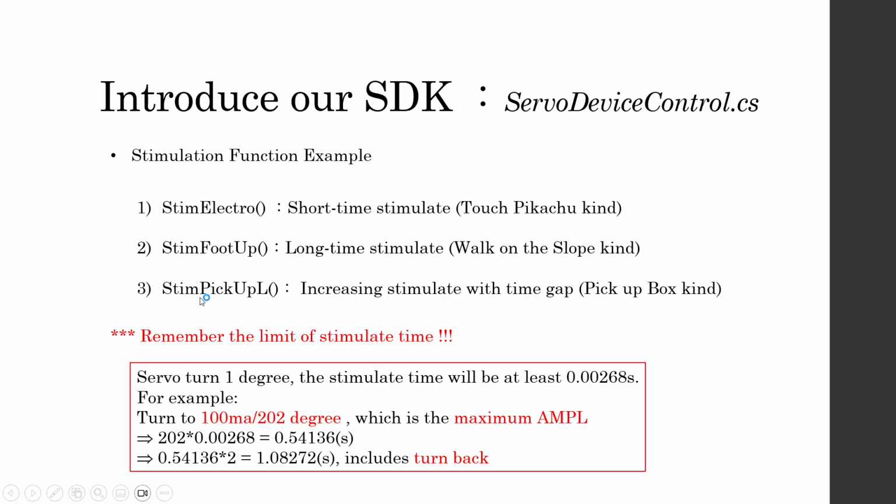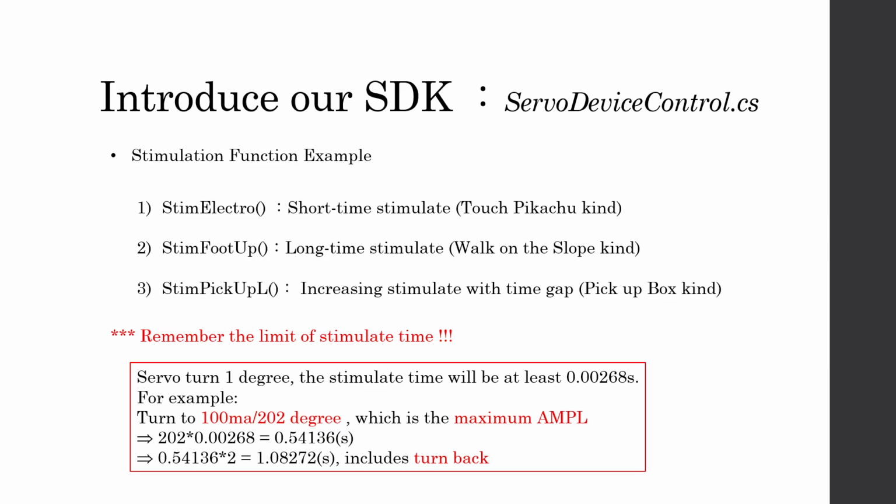Another thing is you should remember the limit of the stimulation times, because we are using the servo to turn the TENS to stimulate. So the servo needs time to finish the turn. We have calculated the time the servo needs to finish the turn.